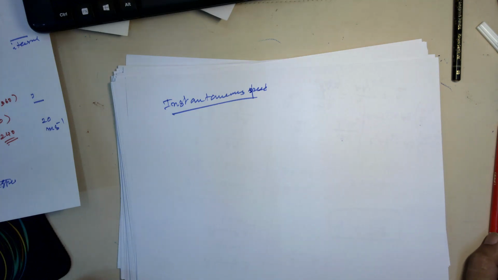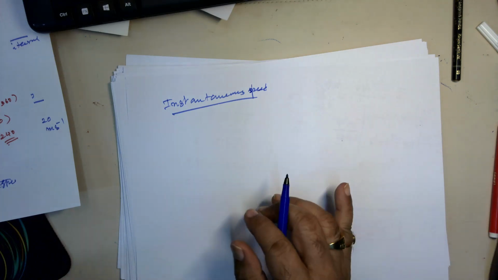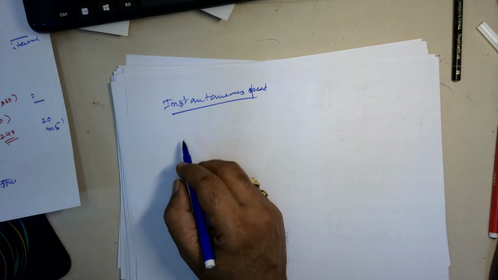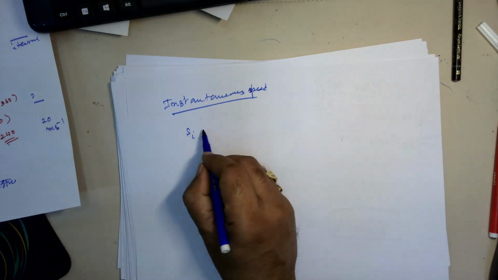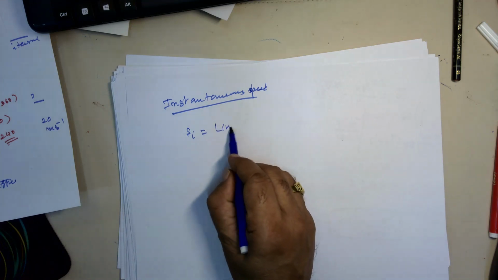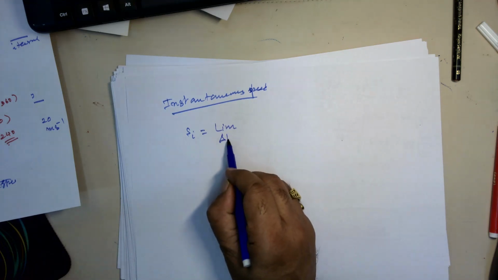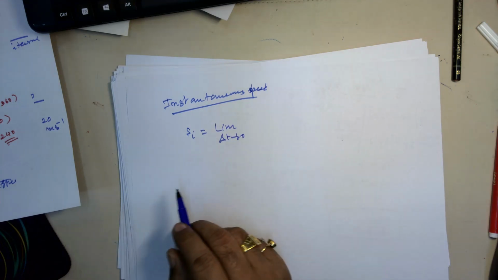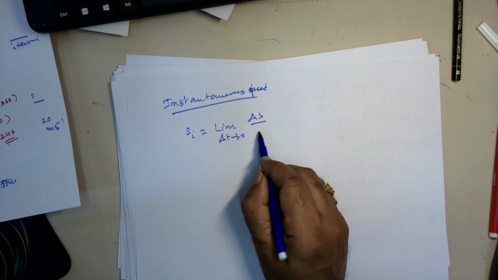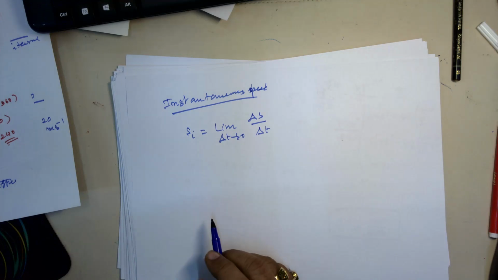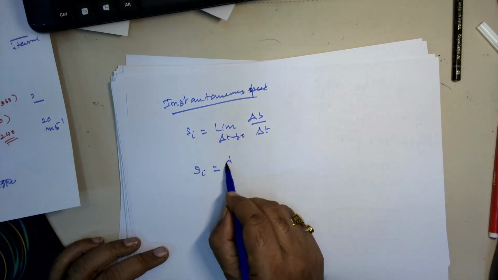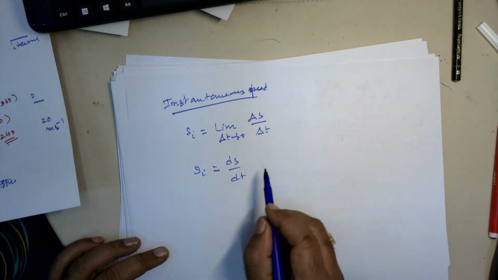So the instantaneous speed is represented as S_I equal to the limit as delta t tends to 0 of delta S divided by delta t. This is also represented as ds by dt.